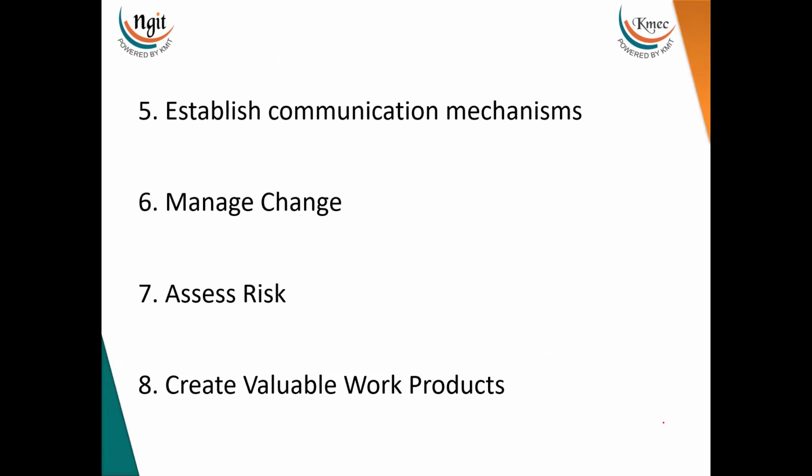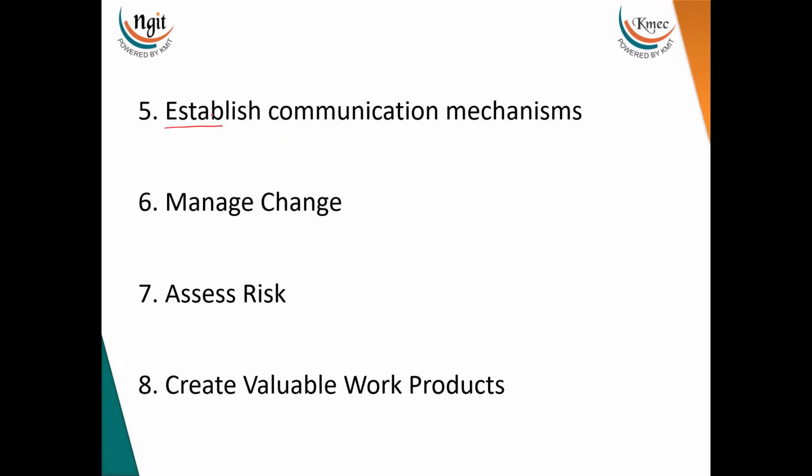So next we have to establish communication mechanisms. Effective communication will always ensure that all the stakeholders are on the same page, right? Unless you have effective communication happening, you cannot ensure that all the things are falling in the right direction. So that is the reason why communication is very important.